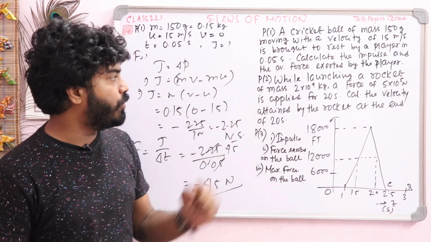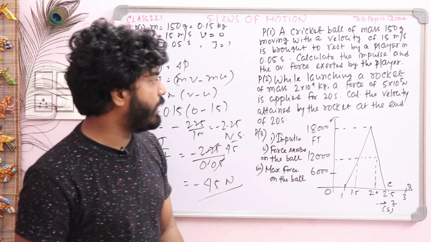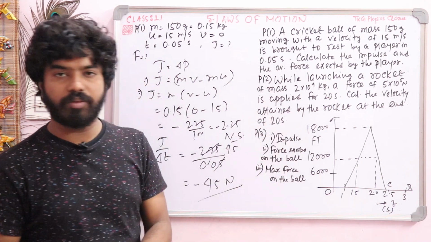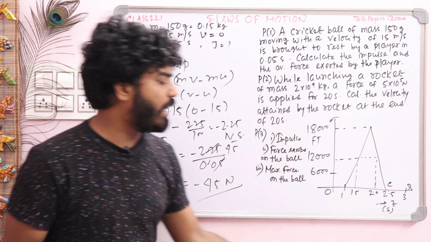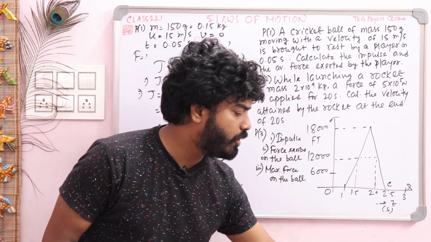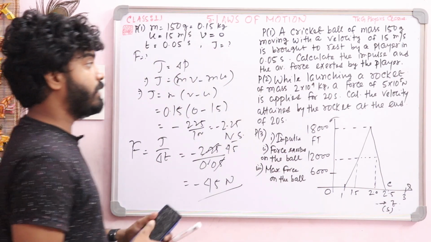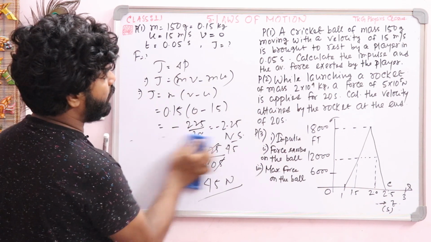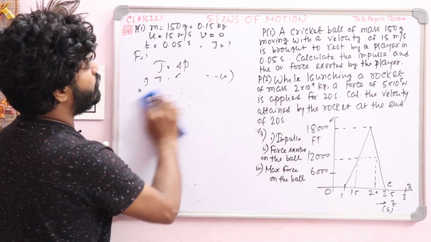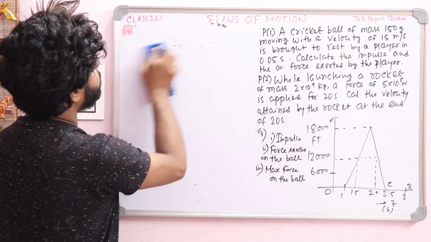Now see problem 2. While launching a rocket of mass 2 into 10 to the power 4, first of all you write the given values, which values are given and which value you have to find out. Then you find the equation for finding this value. So now problem 2.